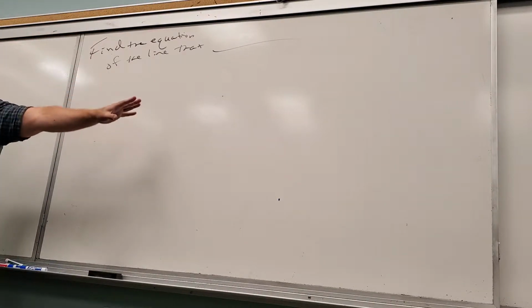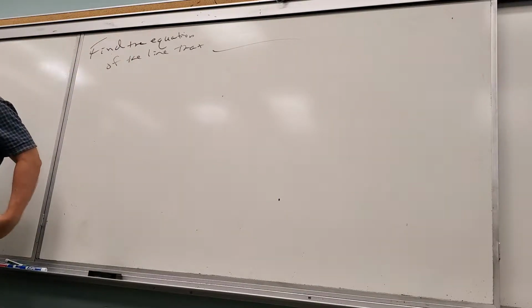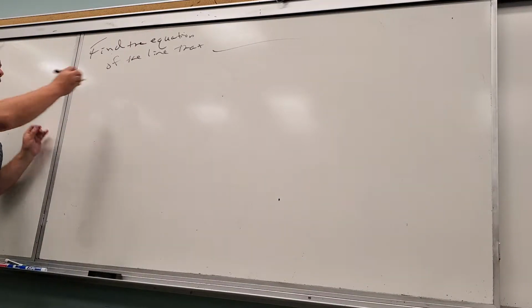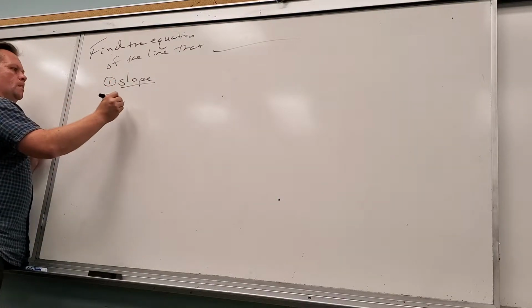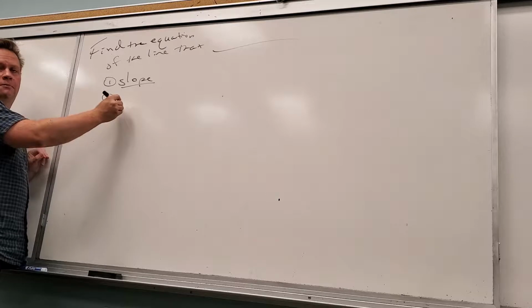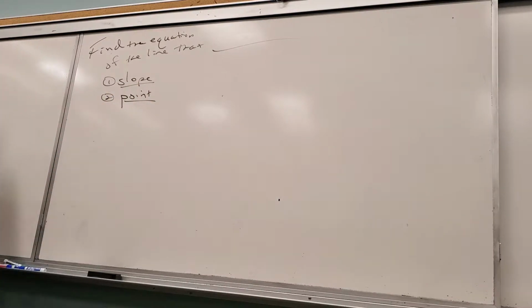That is perpendicular to this line and goes through this point. There's a lot of stuff I could fill that in with, right? What are the 2 things you need? Slope and the y-intercept. That would be great, but in general you need a point.